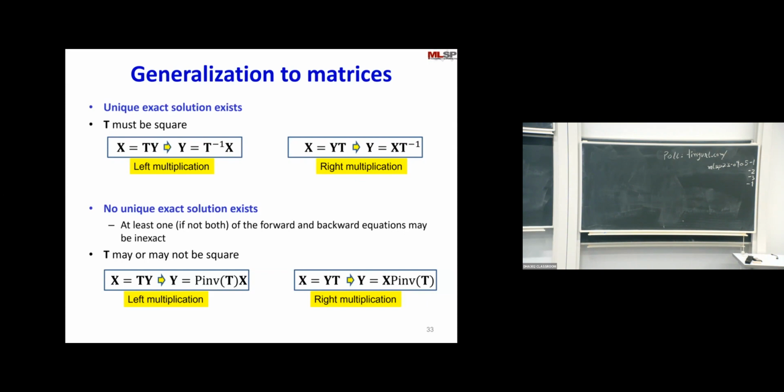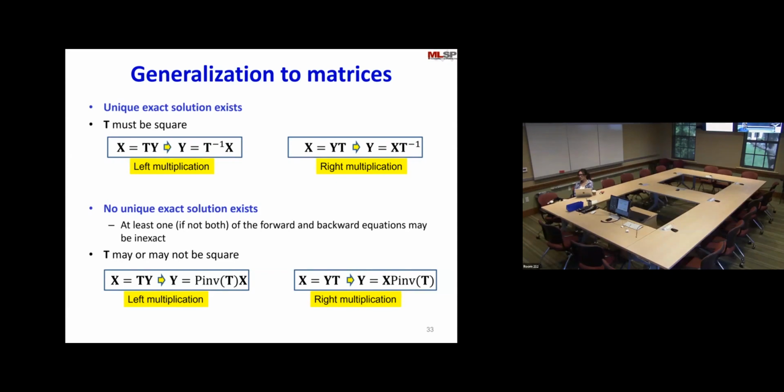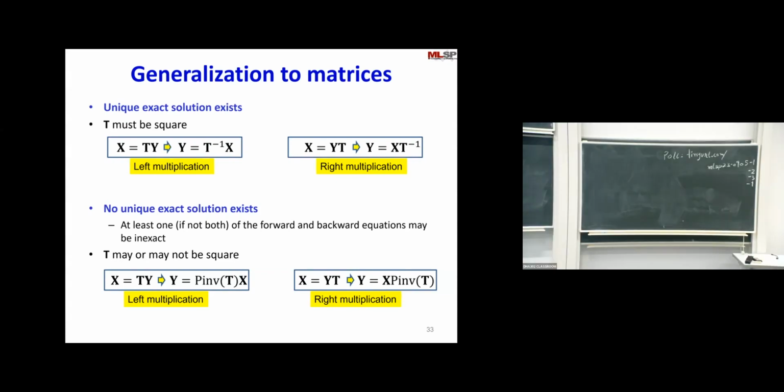And it follows the same rules as your standard inverse. So if you're right transforming by a matrix, if you want to undo it, you have to right multiply by the pseudo inverse. If you're left transforming by a matrix, if you want to undo it, you will left multiply by the pseudo inverse.